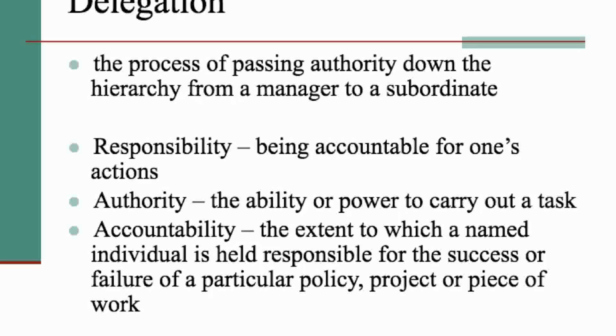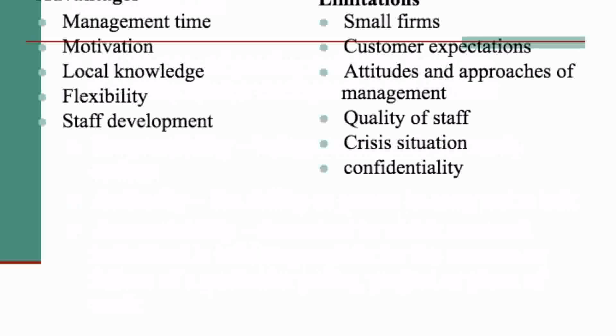It's almost like acknowledging that they're in control of that. However, a manager still has to be accountable. So even if you've given authority to somebody else, that doesn't mean to say you should wait until the very last minute to find out if it's been done. It would still be your responsibility to make sure it had been completed.